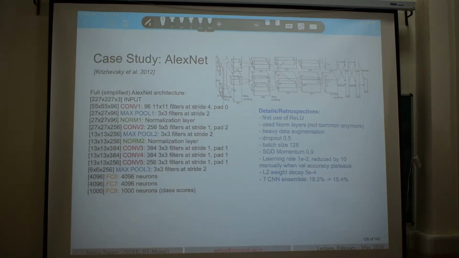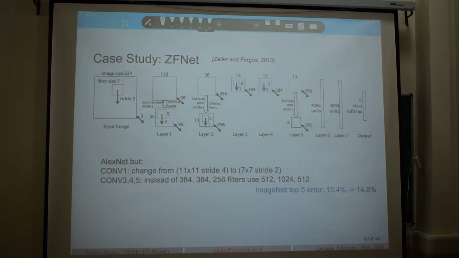So this was AlexNet, with an 11 by 11 first layer. Now ZFNet comes in 2013. ZFNet is nothing but, instead of this 11 by 11 with stride 4, they said I am going to apply a 7 by 7 filter with a stride of 2. That's the main difference.